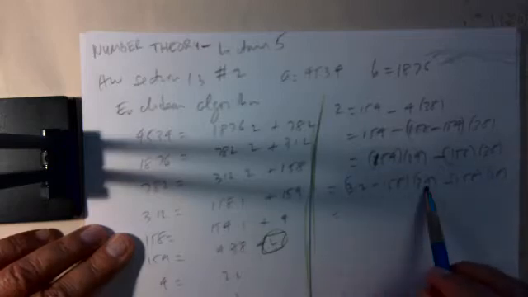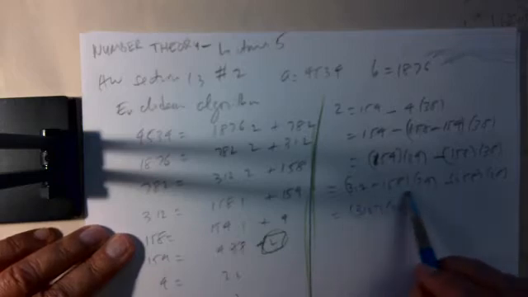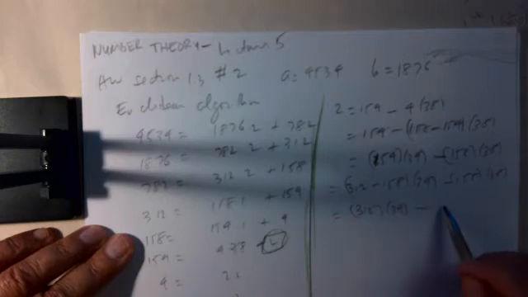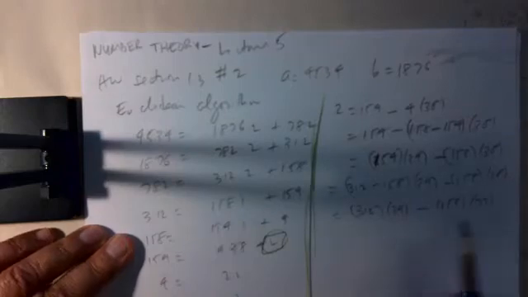I get 312 times 39 minus 158 times 39 minus 158 times 38. So that's minus 158 times 39 plus 38, which is 77, I think. So I have this expression.